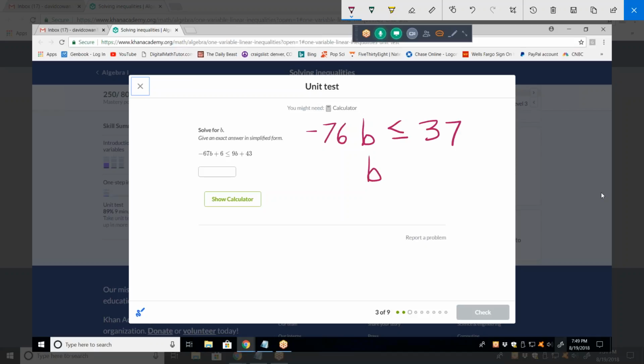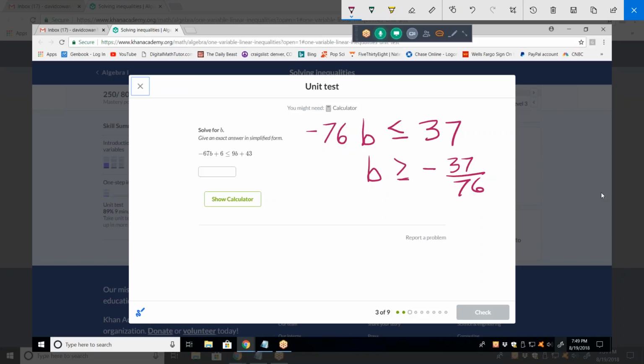Next line. So B is going to be greater than or equal to negative 37 over 76. Now, can that be simplified? No. The reason being is 37 is a prime number, so there are no factors of 37 other than 37 and 1.